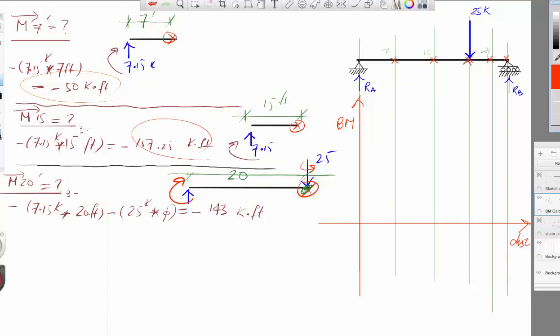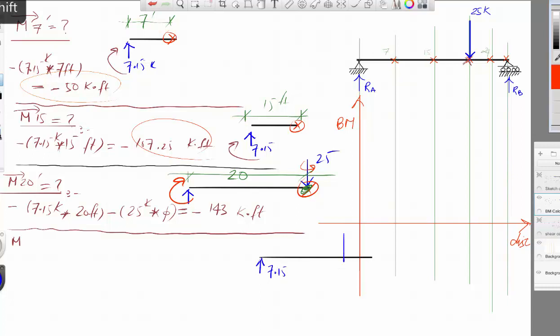So now back to the other point, a distance of 24. Now that we are past it, we went beyond, so I'm going to take this, and this is 7.5, and this is 25, and this is a point that we don't take moments about.